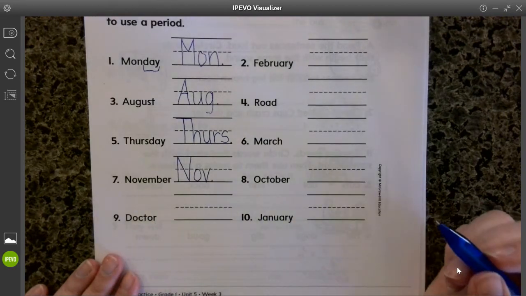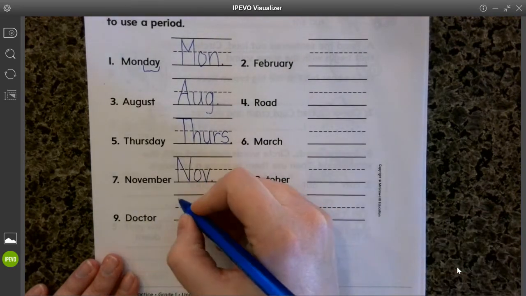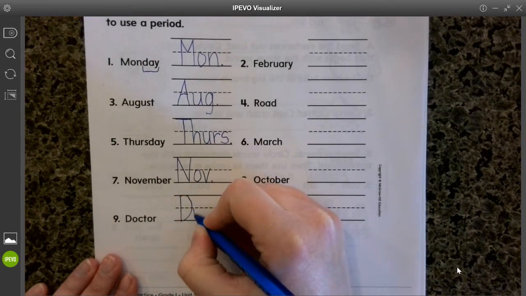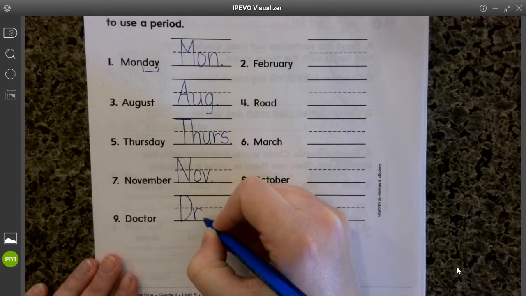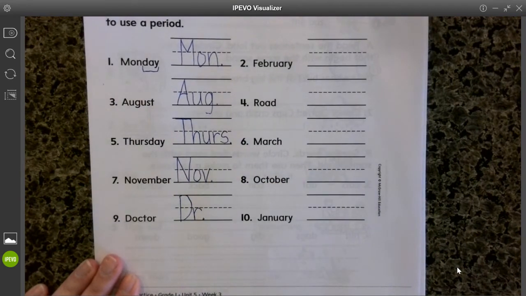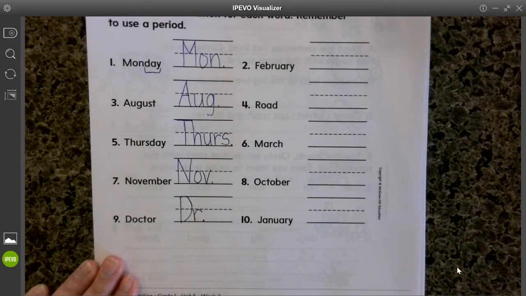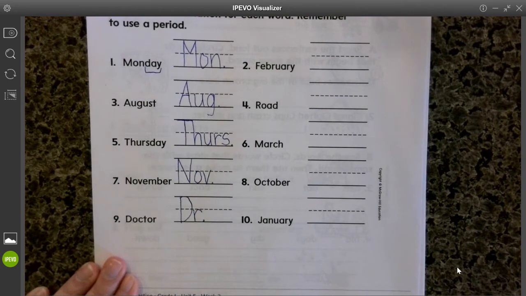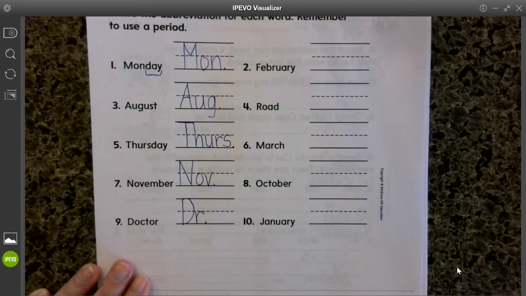Can you think of what that abbreviation is? Typically, that abbreviation is just D-R. And so you'll see that in front of a doctor that you might visit to get a checkup, dentists as well. Typically, we see it abbreviated in this form when it's being used as part of somebody's name.